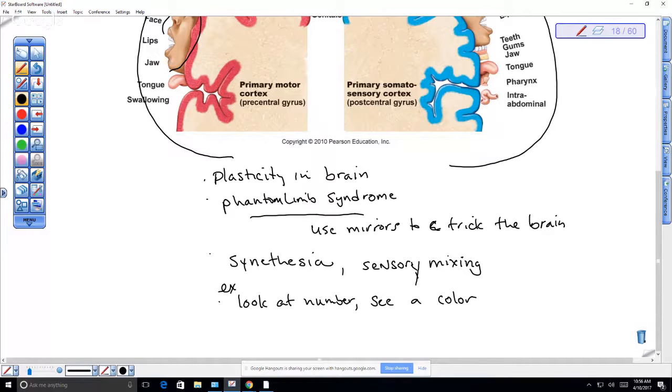But what if you look at a number and you hear a sound? Right, so if you're a mathematician and you look at a number and it makes a particular sound, and then the numbers together kind of harmonize, right? Sometimes that can really be important in terms of their field of study, because it allows them to see and to interpret things differently than what would normally be done. And so synesthesia is geniuses.